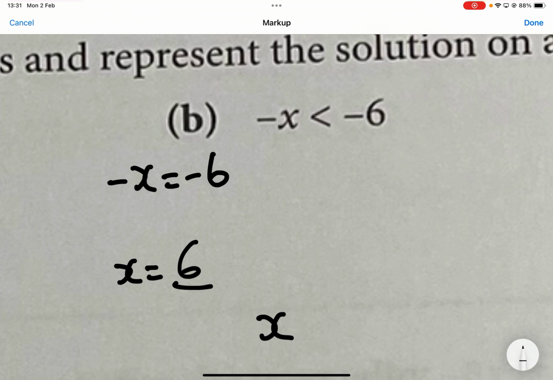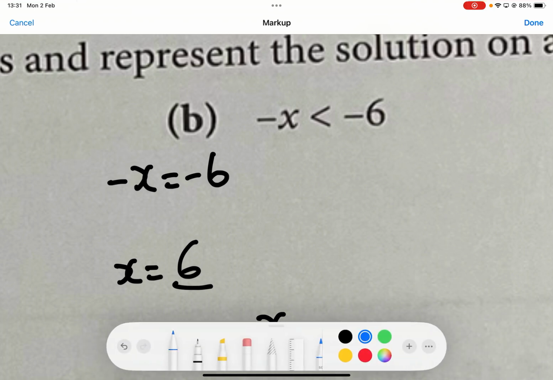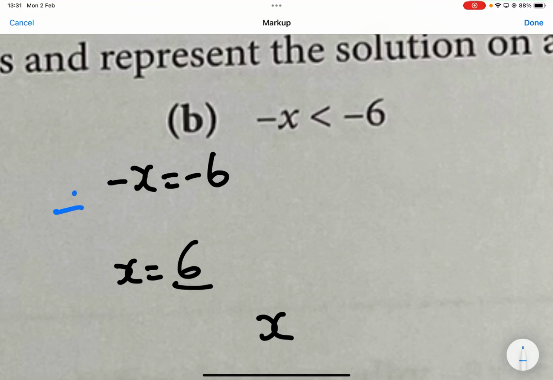Okay? So what I do is I divide both sides by negative 1. Then negative becomes positive. Now if I'm solving this inequality, same. I want a positive x.